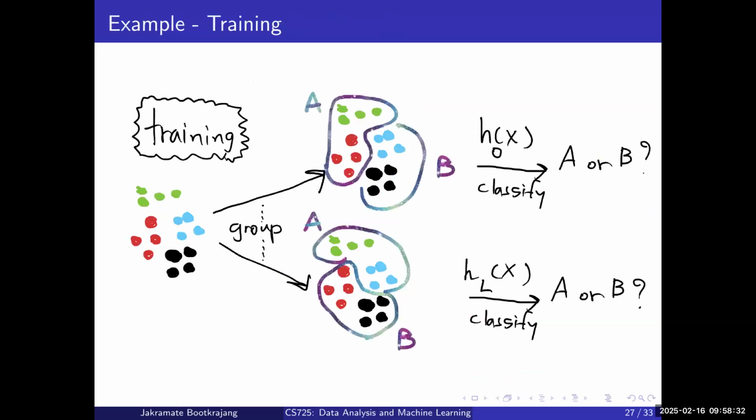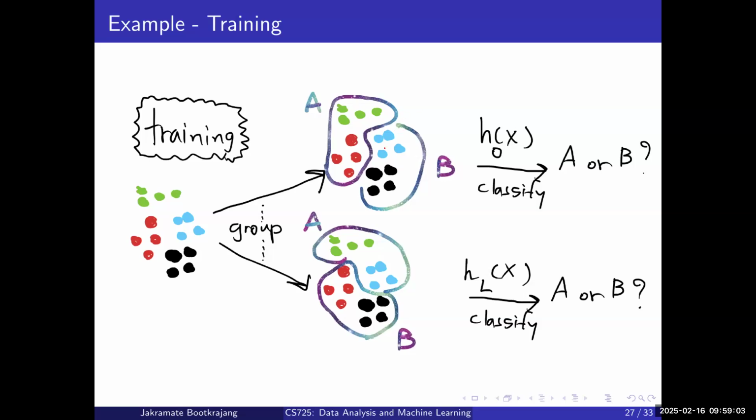So let's look at the example. In our example, right, we have 4 classes. Like we have 4 colors. We build 2 classifiers with different groups, right? So in the first iteration, perhaps we group green and red together. This will form a group A, right?